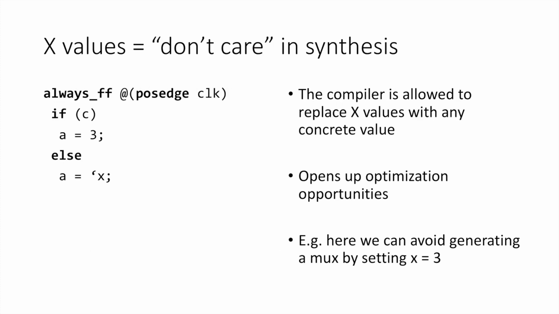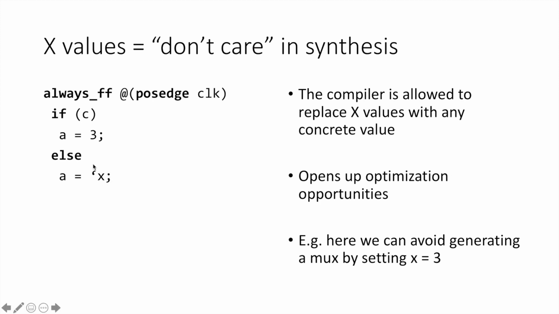So X-values in synthesis is a way for hardware designers to signal don't care, meaning that the synthesizer is allowed to replace any X-value with any concrete value. And this is a way synthesizers can optimize the design they are given. So for example, consider this Verilog program to the left here.